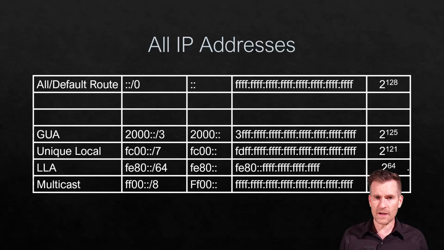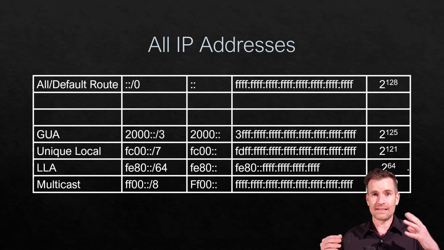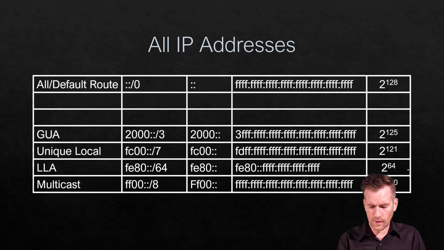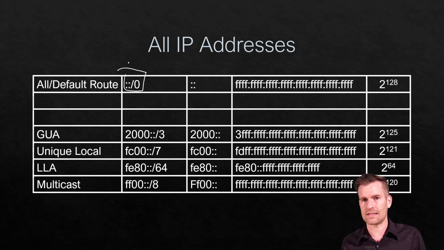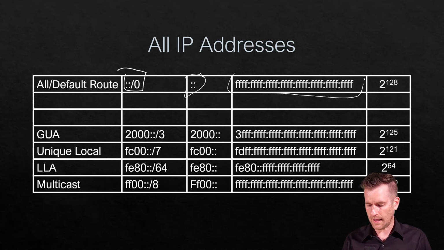There are a few special addresses that you should know. So one of them is the everything, or the default route. So the default route looks like ::/0. This is similar to a quad 0 that you see with IP version 4. And so it will be anything from :: to all Fs. This is the whole range.